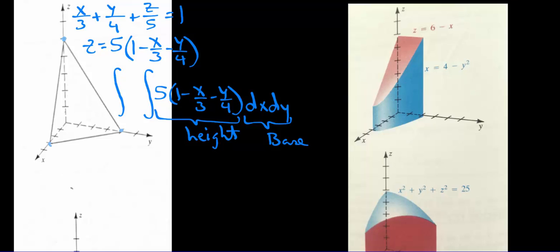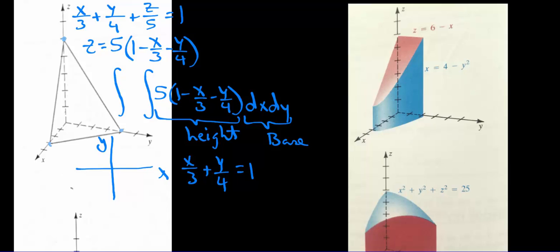Now our job at this point is to determine the bounds of integration. So here's what I'm going to do. I'm down here on the xy plane. Z is 0, and I've got x over 3 plus y over 4 equals 1.